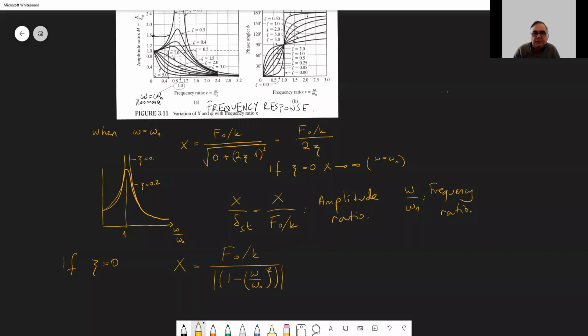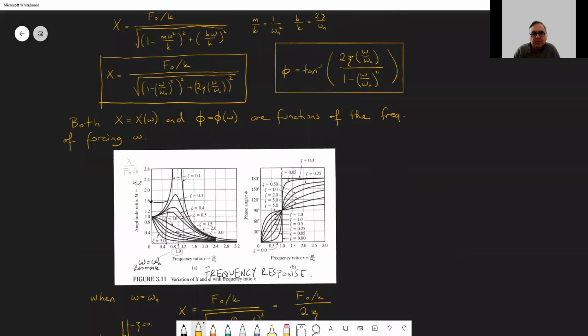Let's look at our formulas. When the damping is 0, phi is the tangent inverse of 0.